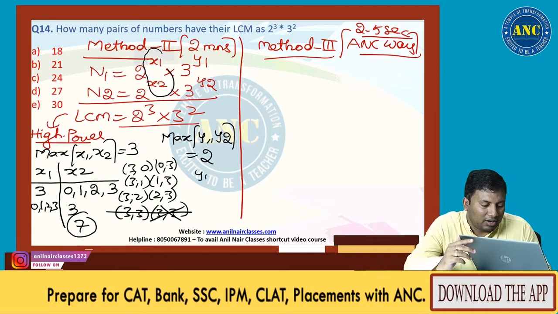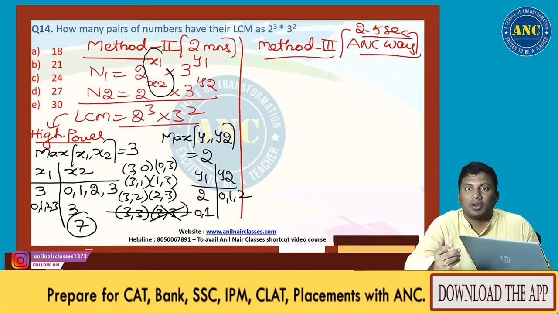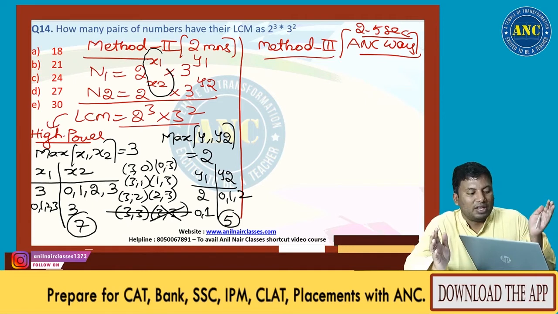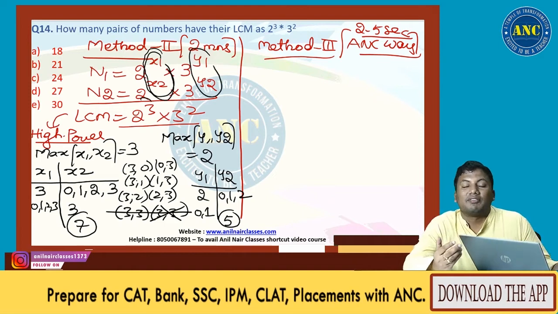Similarly y1 and y2. If y1 is 2, y2 will be 0, 1, 2. If y2 is 2, y1 will be 0, 1. The 2,2 case is duplicated, so 5 cases. For x it is 7 cases, and for y it is 5 cases.